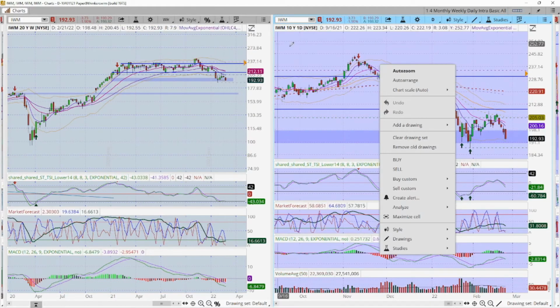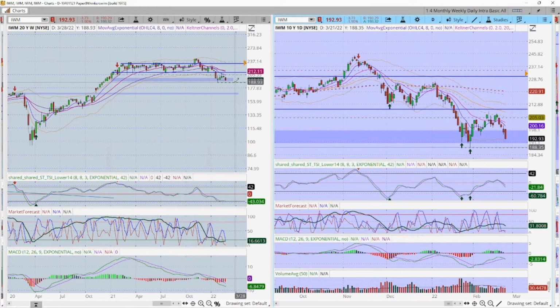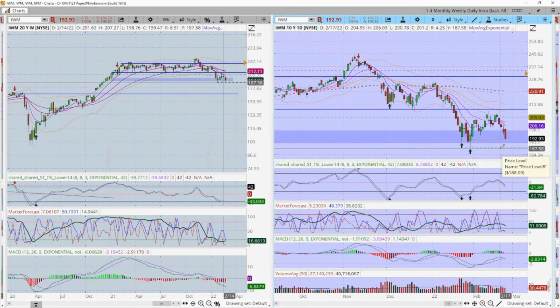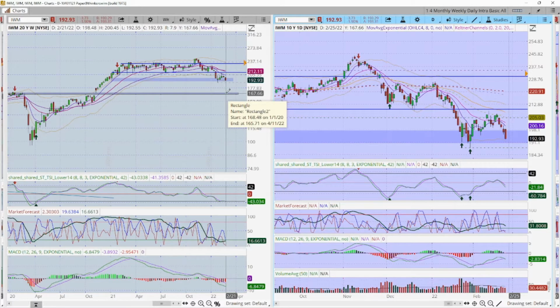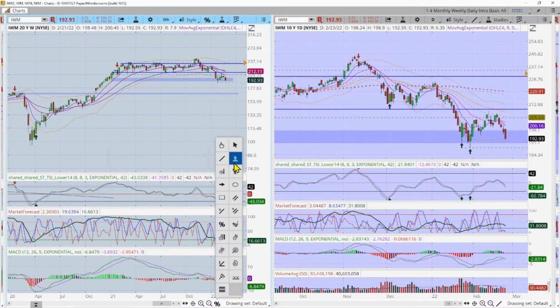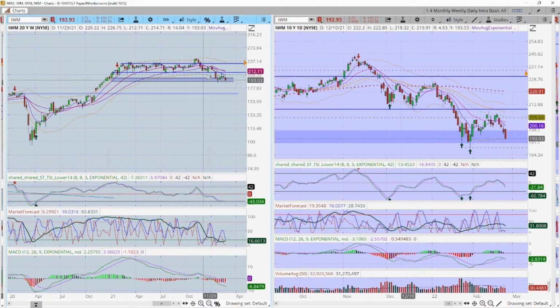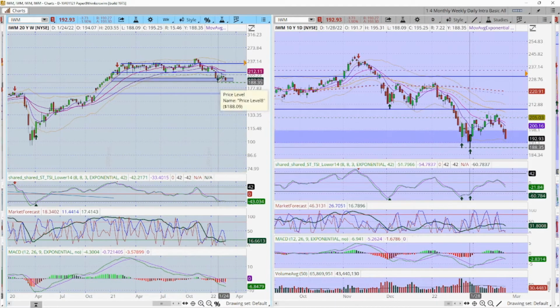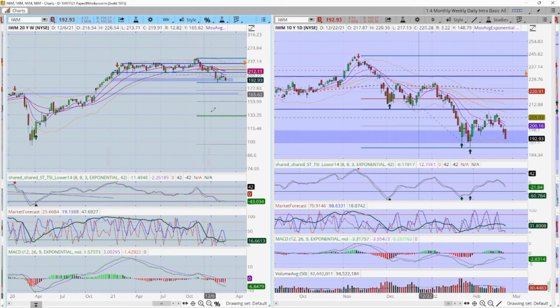Projections to the downside. If price action breaks out of this low right here, where is it likely to go? There's a couple of projections. One is this level here at the $67 range. You can also lay in a fib, just really quickly, to see where it's likely to go. There we go.